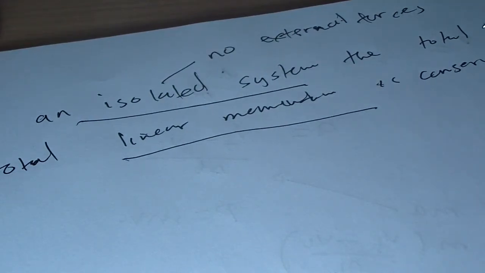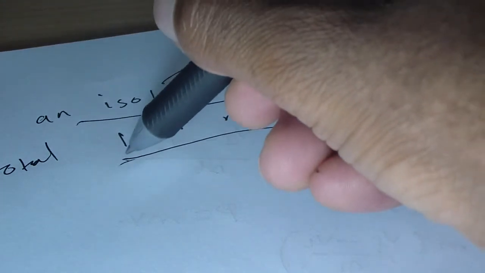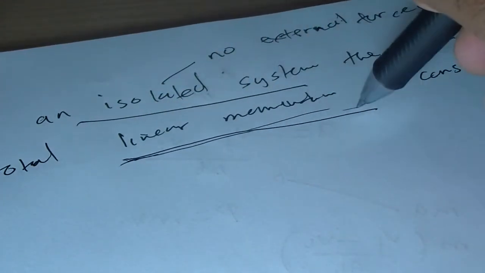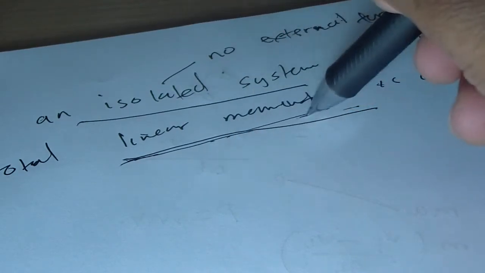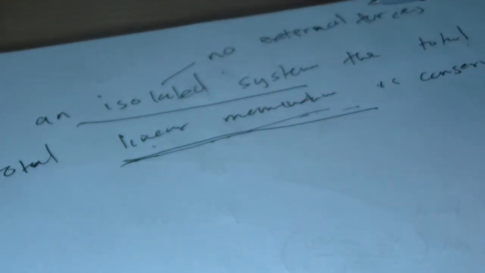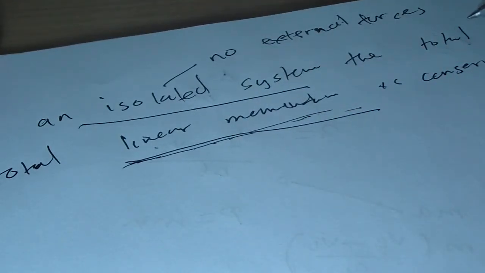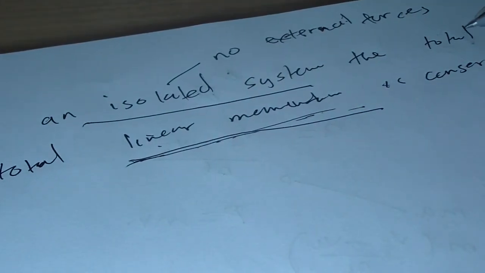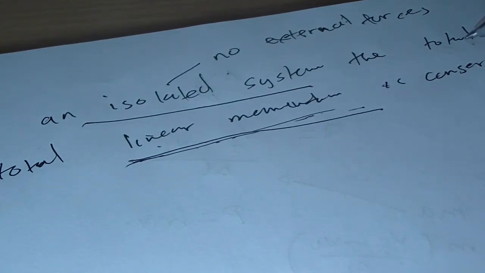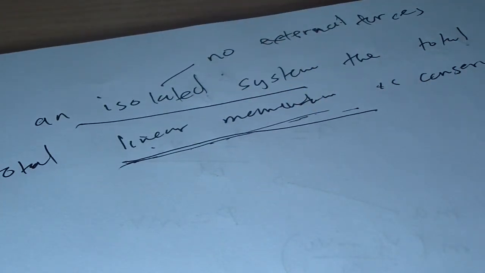Linear momentum simply means the momentum we are talking about is in a straight line, from the word line. So for grade 12, the motion that we deal with is in 1D, one-dimensional motion, in a straight line, to avoid complications.